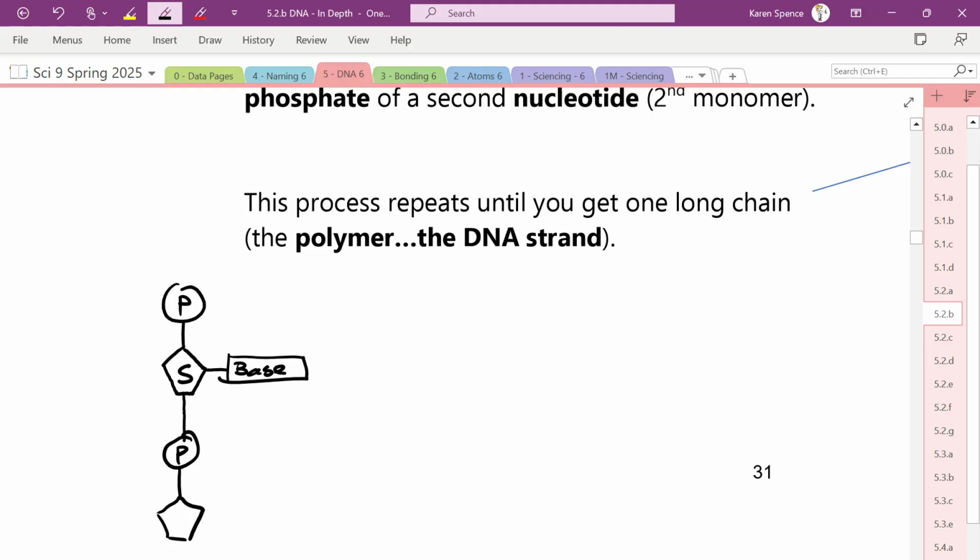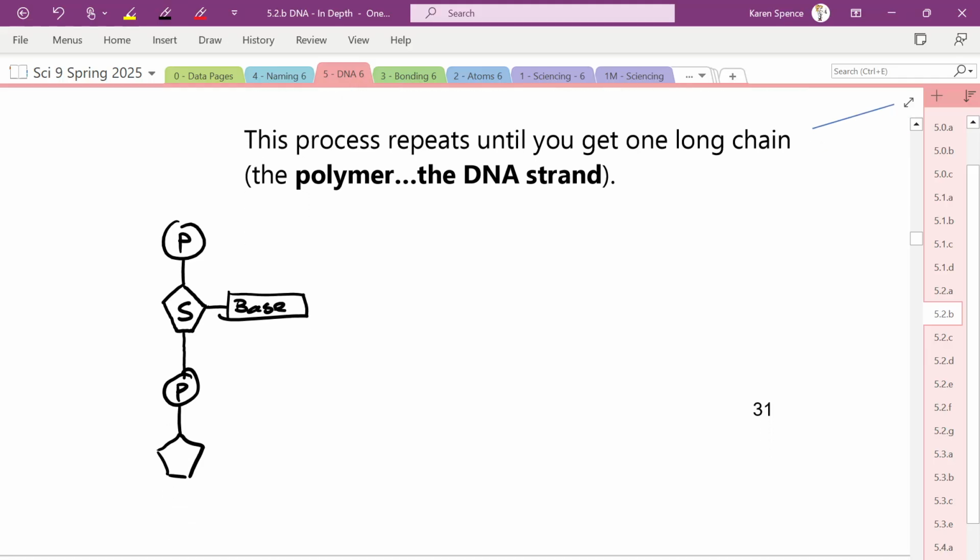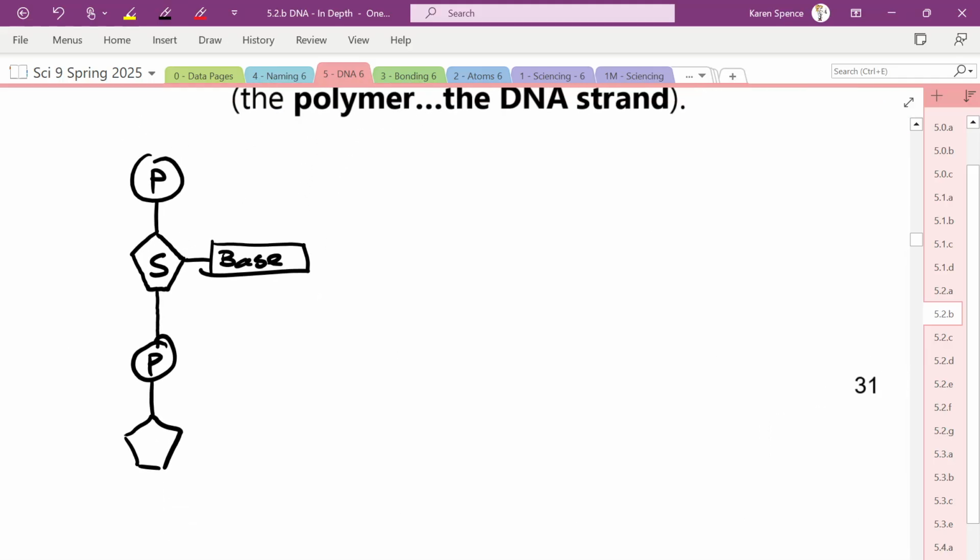See, my drawings aren't very good either. So if you're feeling bad about your pentagons, look at that one I just drew. It's like all wibbly wobbly. Anyway, so we got a sugar, and then we've got a base. And you could keep drawing that, but I think 2 is probably enough for you to get the idea.